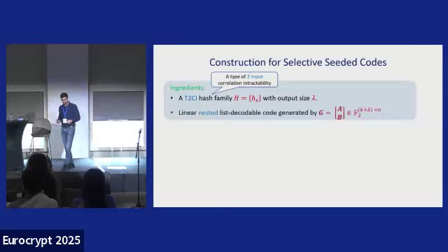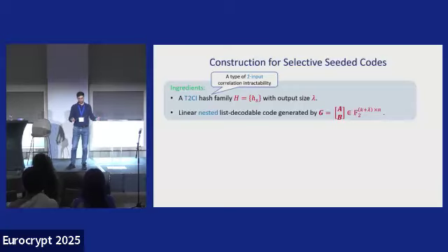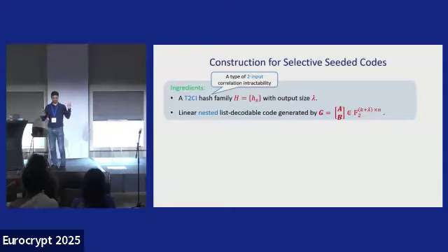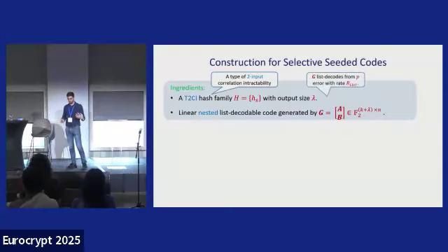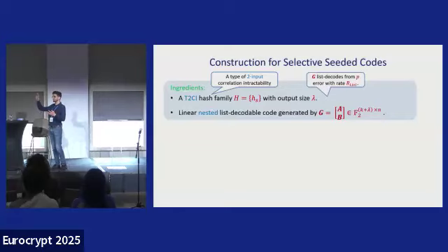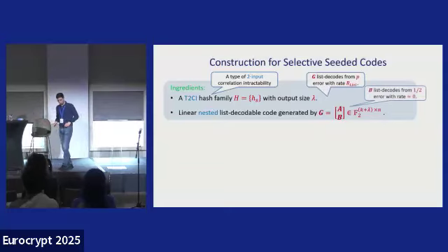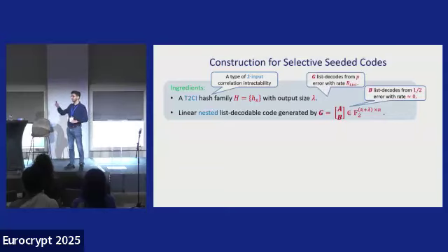The second component is that we need some list decodable code that also has some structure to it. This structure is going to be some decomposability or nested property. Specifically, what we require is that this code is generated by some matrix G. And G could be seen as composed of two parts, an A matrix and a B matrix. Okay? The additional property we require is that B itself is a subcode.